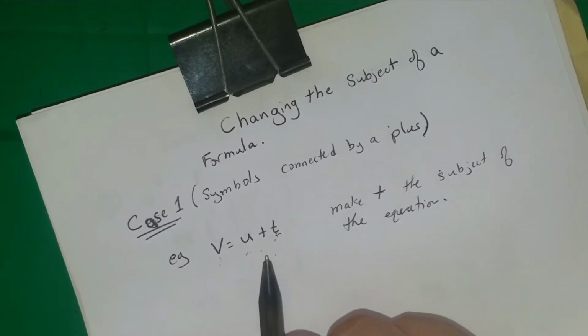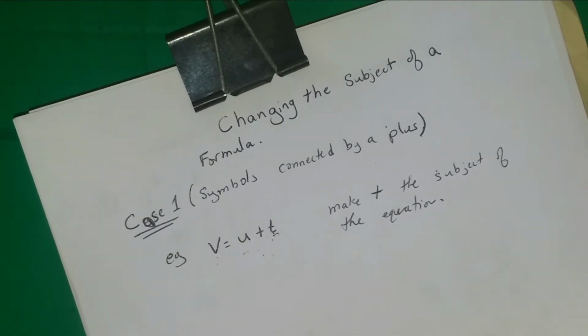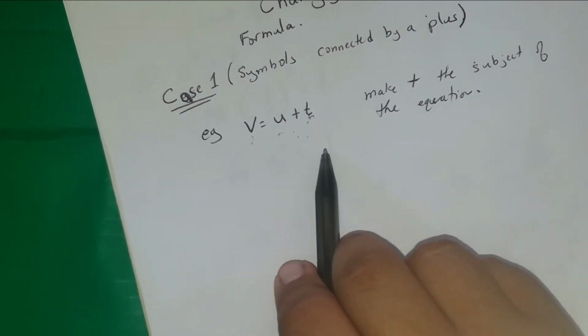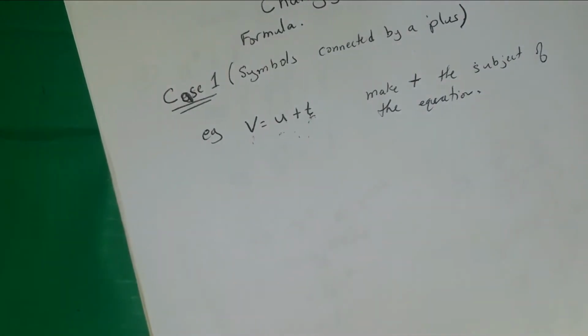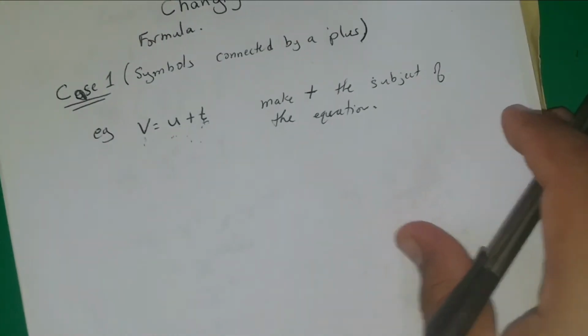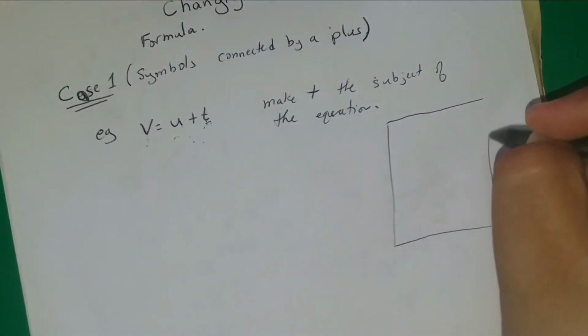With this one, you can notice that you have v. V is the subject of the equation. So we want to work it out such that t equals to something, right? And then before I proceed, I want to just show you something that maybe it helps me and maybe it will help you.